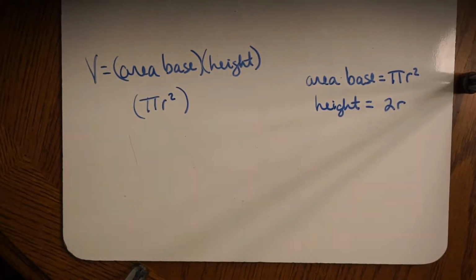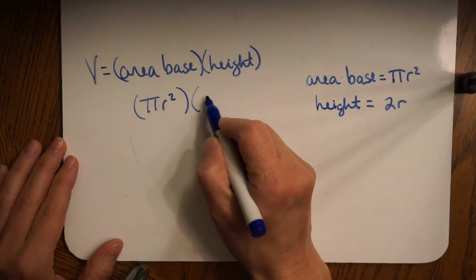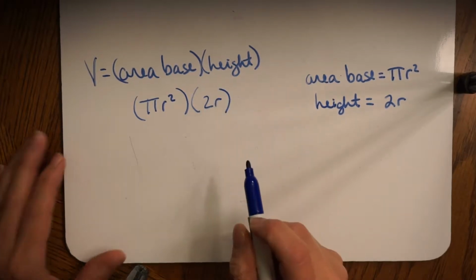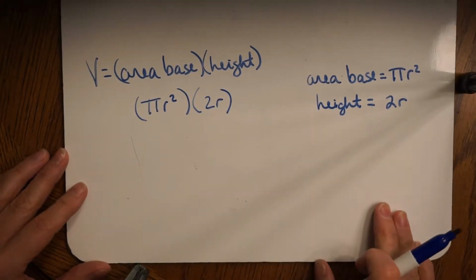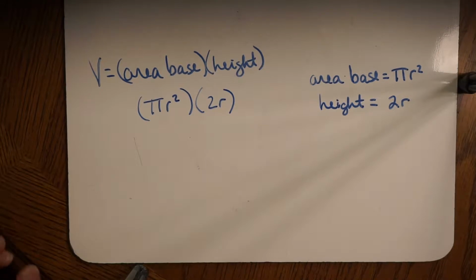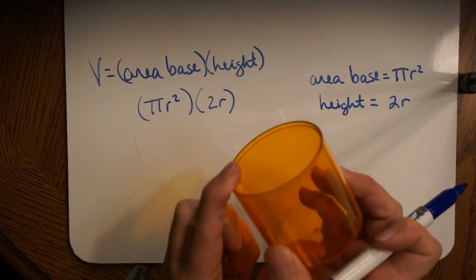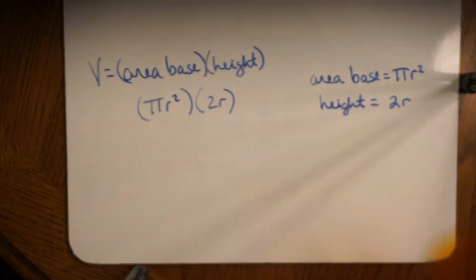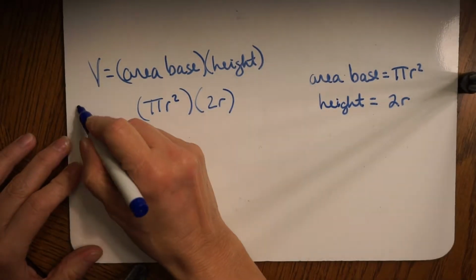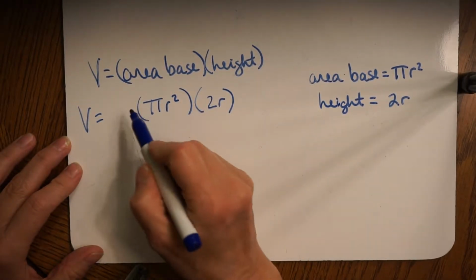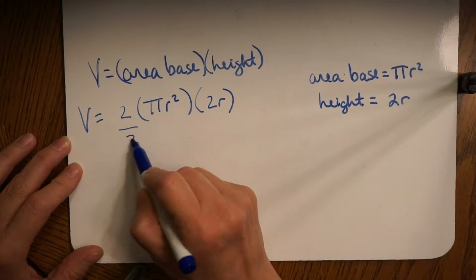So we're going to multiply this by 2r, and then remember I told you that the volume of the sphere is exactly 2/3 what the volume of this would be, so we're going to multiply this by 2/3.